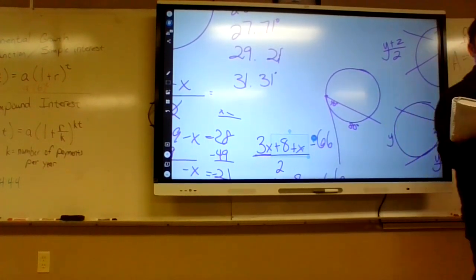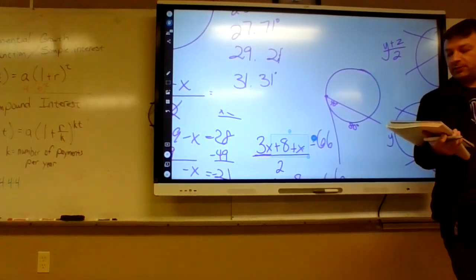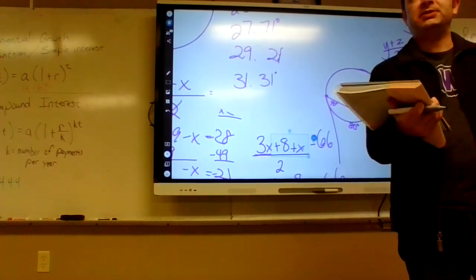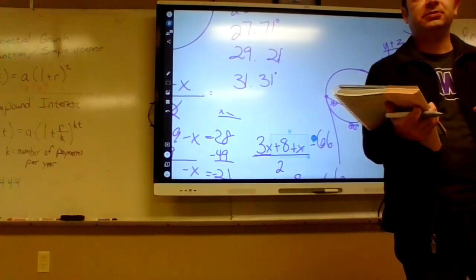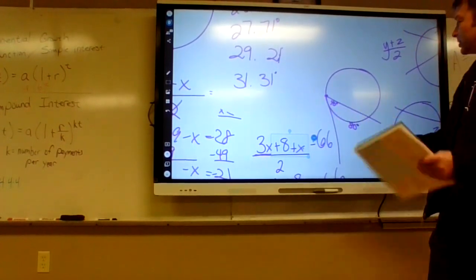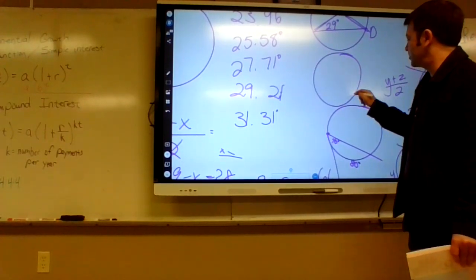Yeah, Archer. The way to find that is 360 minus 120 and then 240 minus X would be the other side. So since that arc up at the top is 120, how much does that leave for the rest of the circle? 240. But that arc on the bottom, they called it X.